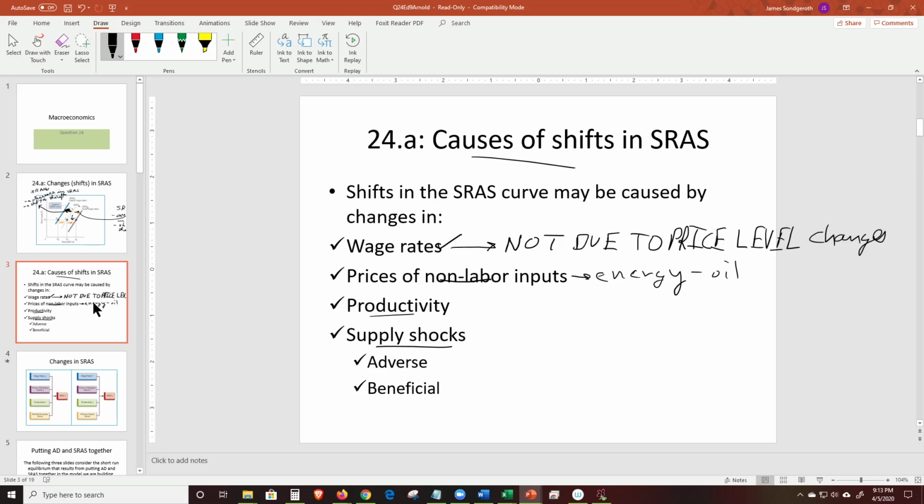Supply shocks can be adverse or beneficial. Adverse we'll talk about, but certainly this coronavirus 19 pandemic is an adverse shock. A beneficial one would be a great fall in oil prices. Hey, and that's happened. These two are happening together. I guess they're working against each other.